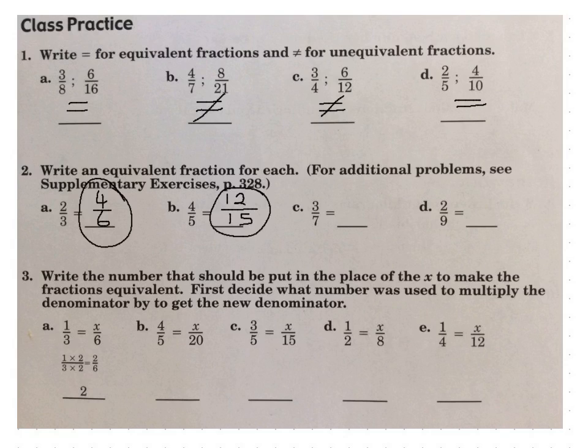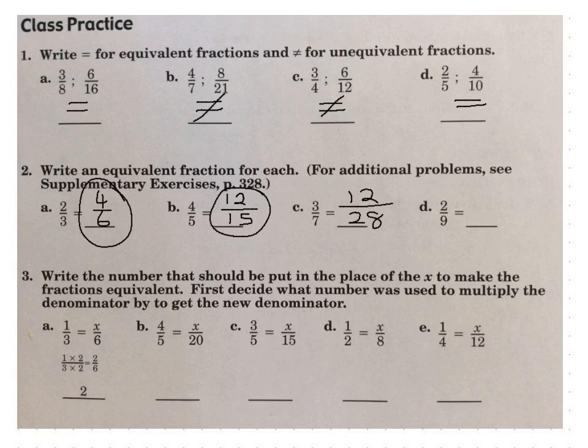Alright, we did 2, we did 3. Let's do 4 this time. 3 times 4, I'm doing the top number. 3 times 4 is 12. And 7 times 4 is 28. And so that is a fraction that is equal.